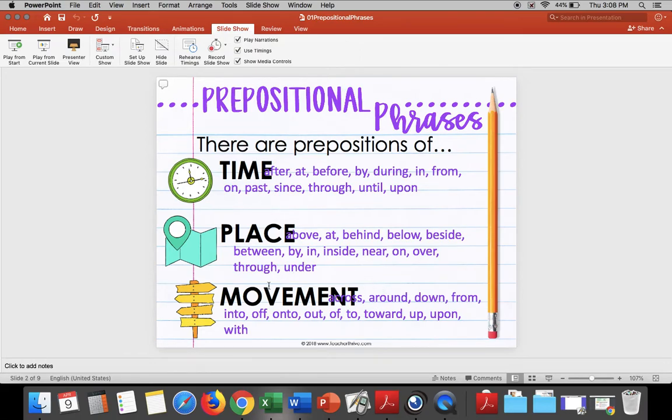And there's actually some other things, but right now this is what we're talking about. It can tell us movement: across, around, down, from, into, off, onto, out of, to, toward, up, upon, and with.